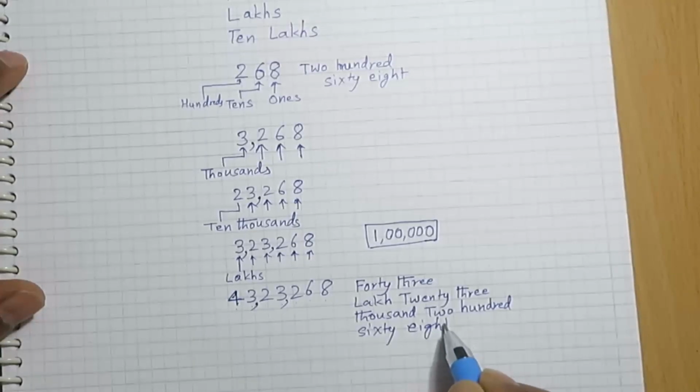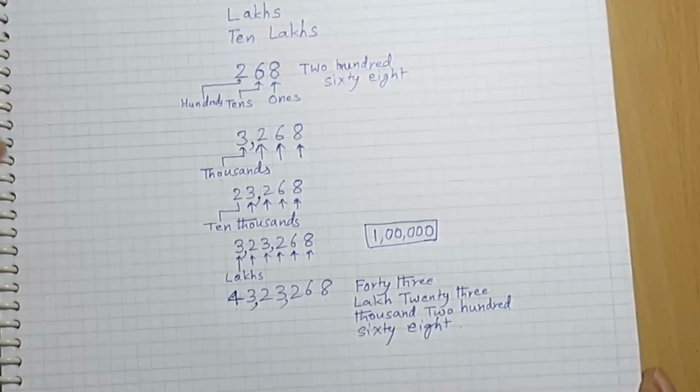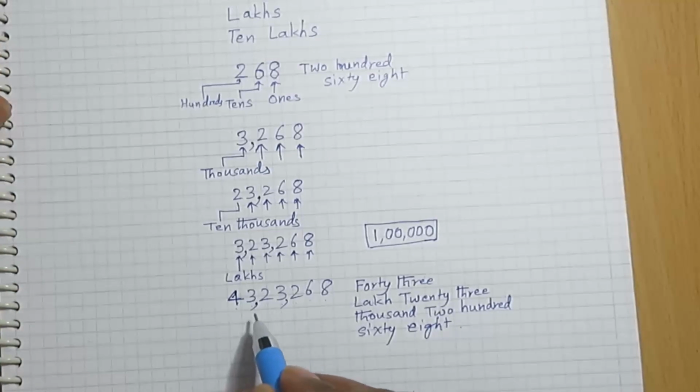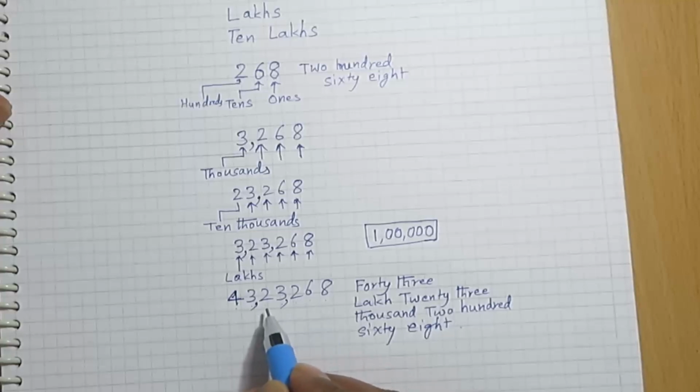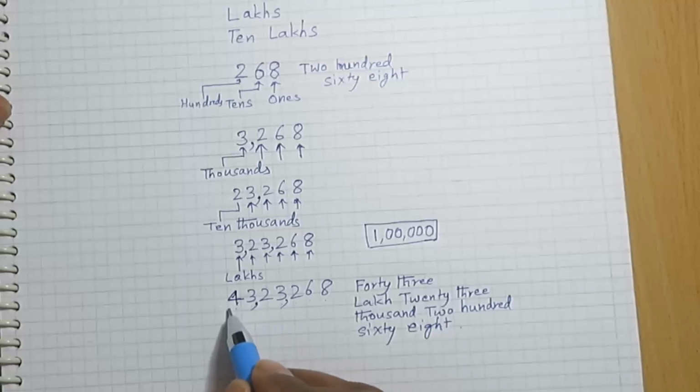268. Very, very large value. Okay, but I told you in the previous lesson that this is written in a different way in the international system. So 10 lakh value is called a million.